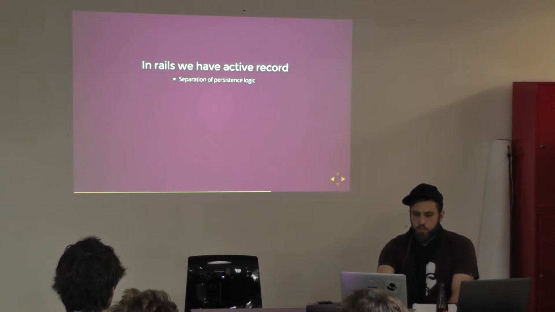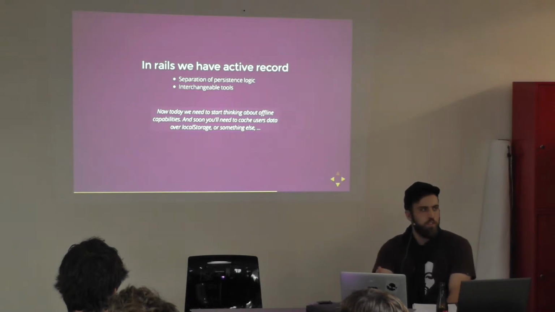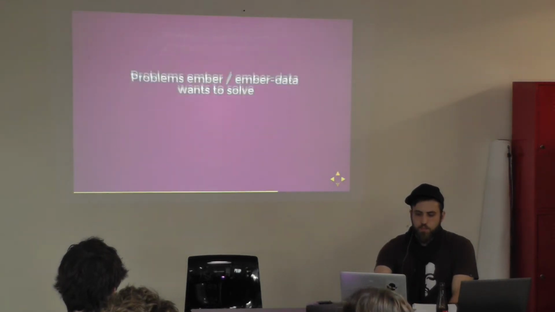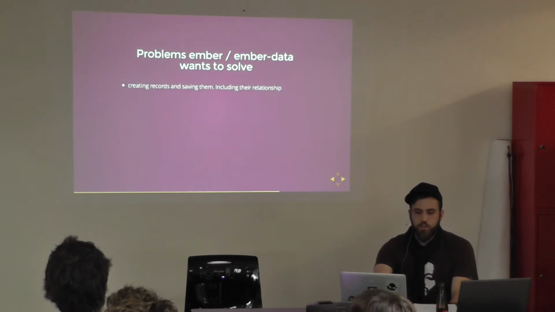So you want to be able to change the tools, and you also need to start thinking about offline capabilities, and soon you need to cache user data over local storage or something like that. So you need something that deals with the front-end state of your application. So what problems does Ember Data want to solve? It's creating records and saving them, including the relationships.